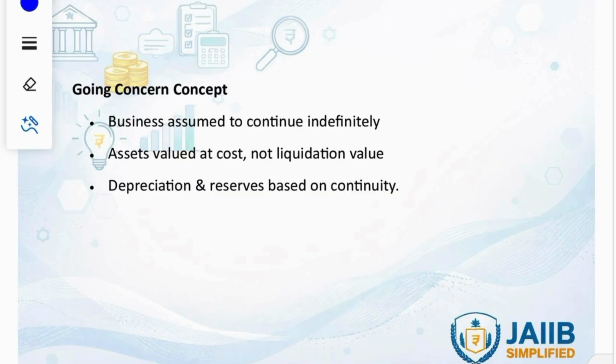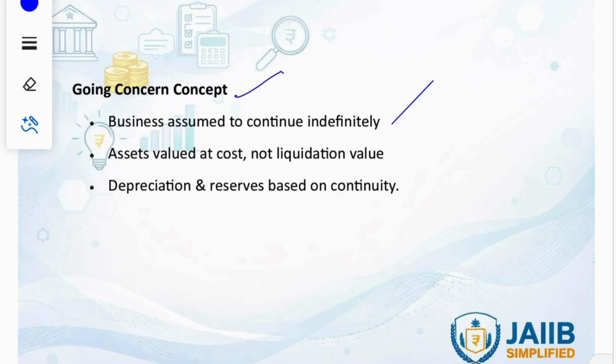Under the going concern concept, business is assumed to continue indefinitely. Earlier we discussed that business is not equal to owner. Business is separate entity, owner is separate. Even though business owner will change, business continues forever. Going concern concept assumes the business will continue.